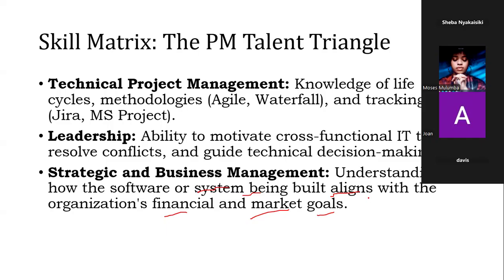That project should be cancelled. Is it going to be so expensive that the organization becomes bankrupt by the end of the implementation? That project should be cancelled too. So these are the skills and talent that is expected of the project manager or the project management team.